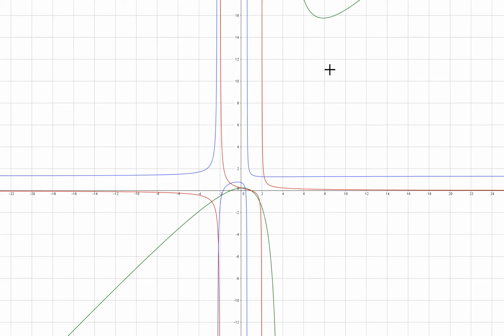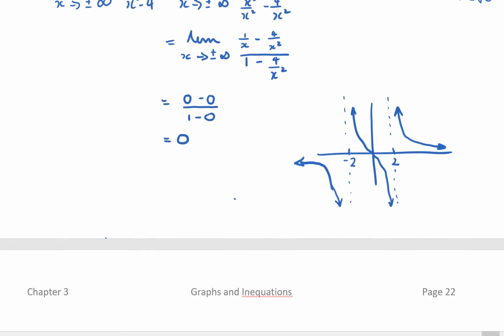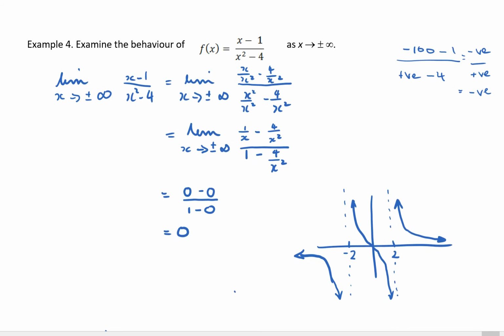You can go to GeoGebra or any other graphing program that you know and type those functions in and have a look at the graphs yourself to see what they actually look like, if that GeoGebra one wasn't all that clear. Okay, so in conclusion we could say that we get nice horizontal asymptotes when the power of x in the denominator is greater than the power of x in the numerator.